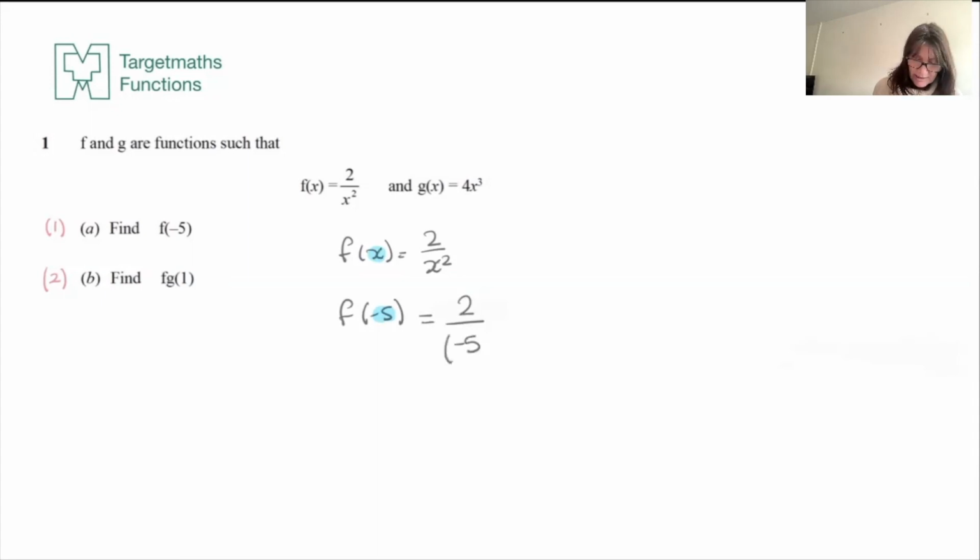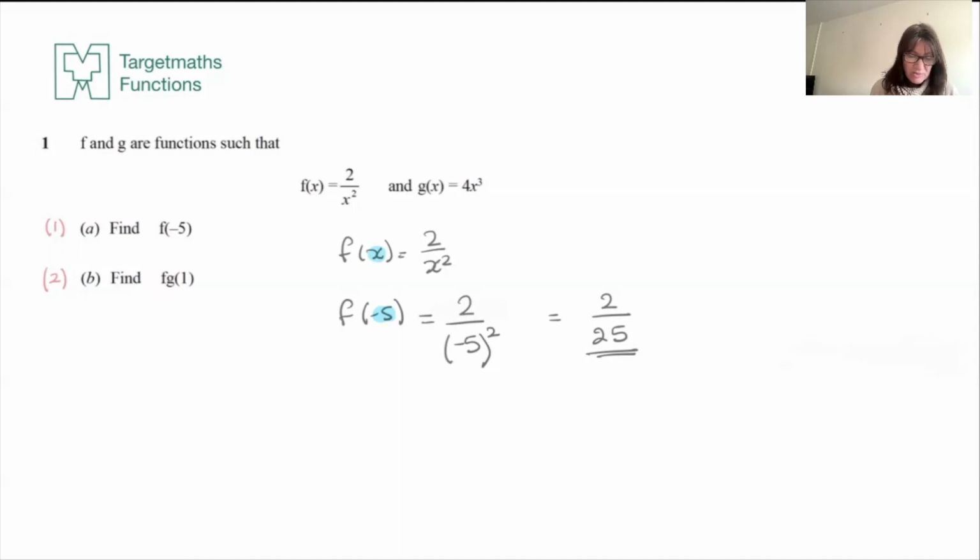Now, good practice is to put that in brackets because it's negative. All right, and we don't want to get in a muddle over our negatives and then end up going wrong. The answer is going to be 2 over minus 5 times minus 5, which is positive 25. And that's your answer. So that's why it's 1 mark. It's generally a straightforward substitution question.